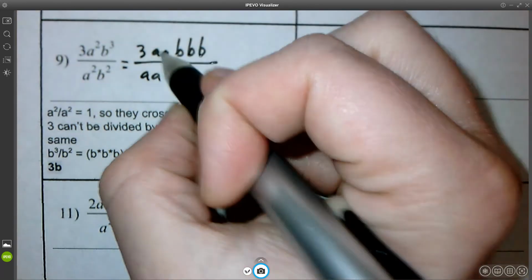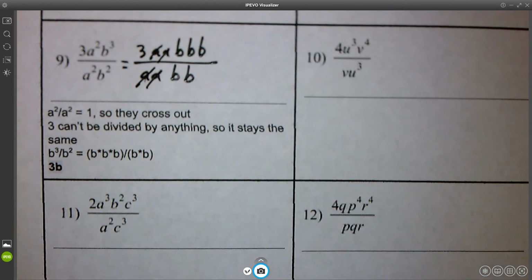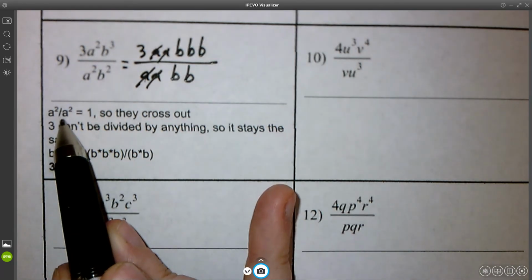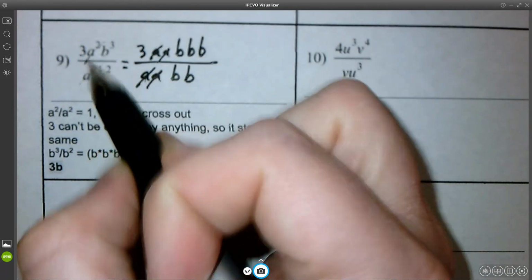So if we've got 2 a's on top, 2 a's on bottom, they cross out. That means it's going to equal 1. You could also do it out. a squared divided by a squared is going to be 1. So you knew that it was going to cross out like this.